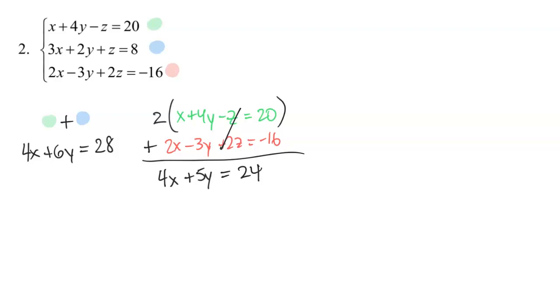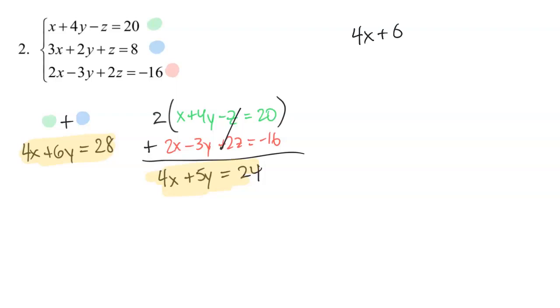Now what you notice is that I have 2 equations with 2 variables. Here I have 4x plus 6y is equal to 28, and here I have 4x plus 5y is equal to 24. I'm going to write those equations on top of one another so that we can try to eliminate another variable.